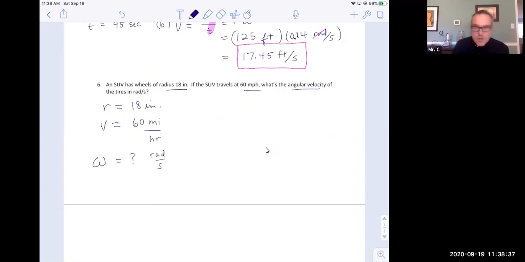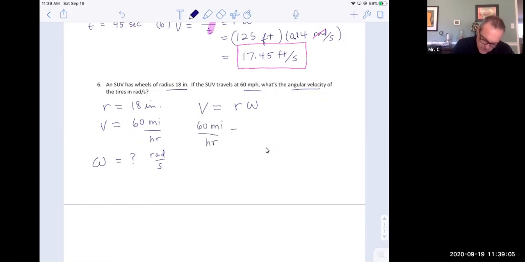I think you'll see the hardest thing is matching up the unit correctly. So I do have a formula that ties all three of these variables together. Linear velocity is r times omega. I can just start filling in here. My linear velocity is 60 miles per hour.